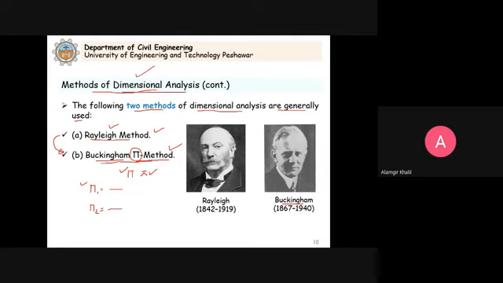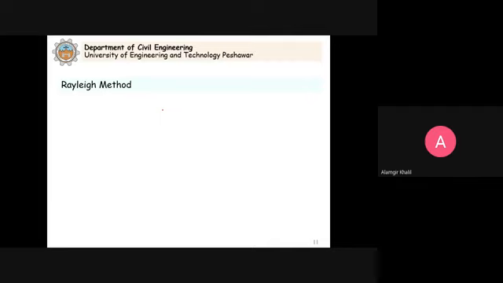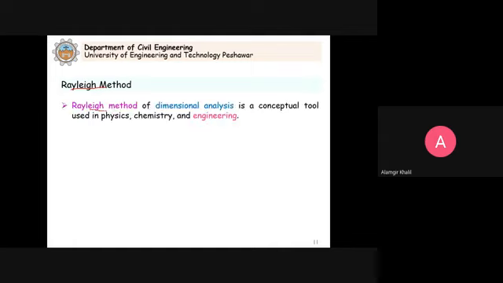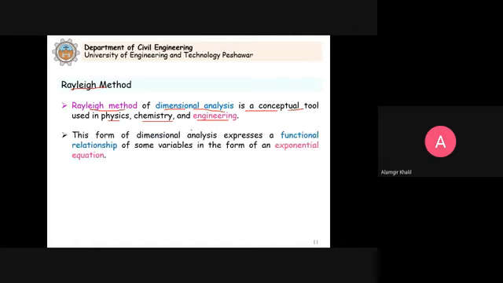So let us start with the Rayleigh method. What is this method, and how do we apply it in dimensional analysis? The Rayleigh method of dimensional analysis is a conceptual tool used in physics, chemistry, and engineering. This form of dimensional analysis expresses a functional relationship of some variables in the form of an exponential equation.